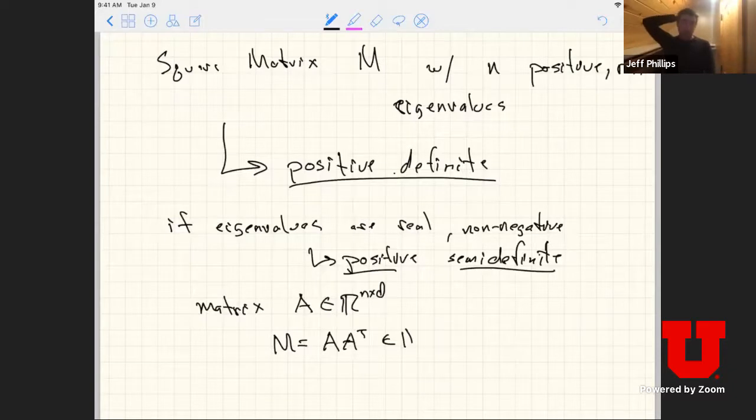If I construct it this way, and all the entries of A are real, so A is in R to the n by d, then it's going to be positive semi-definite.